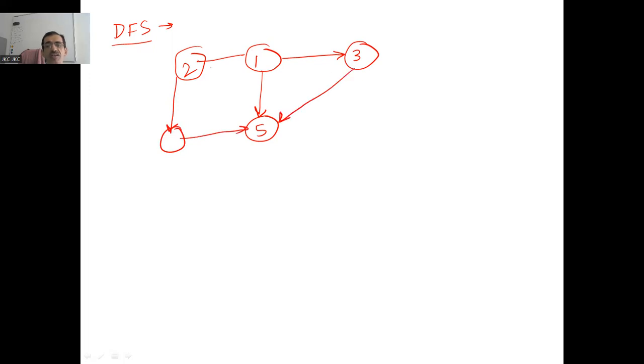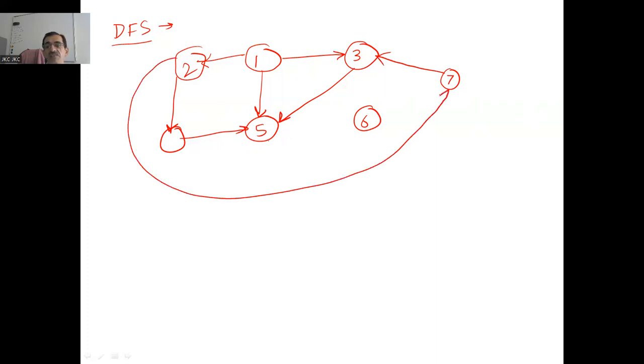From 3, this side connected. Let's say these are outgoing edges or incoming available. And maybe, let's say I have a 6. Then I have a 7. And maybe I have connections like this. Or maybe connections, I have something like this.